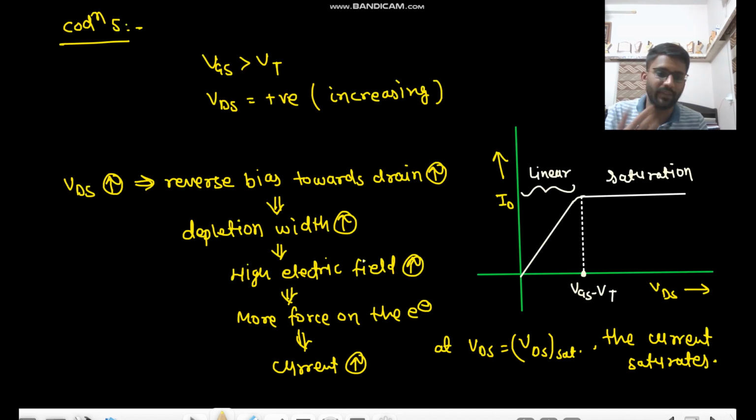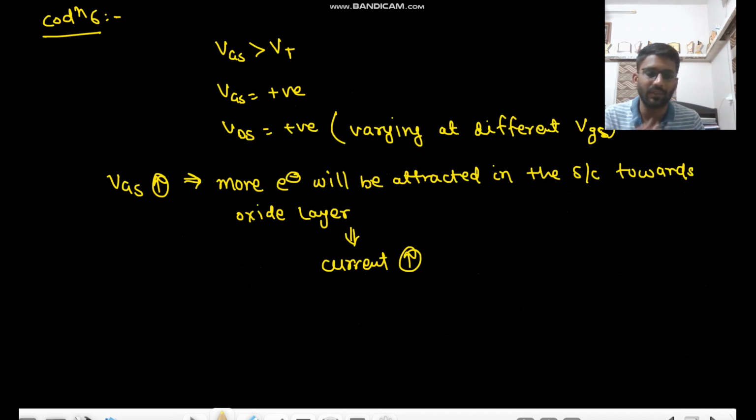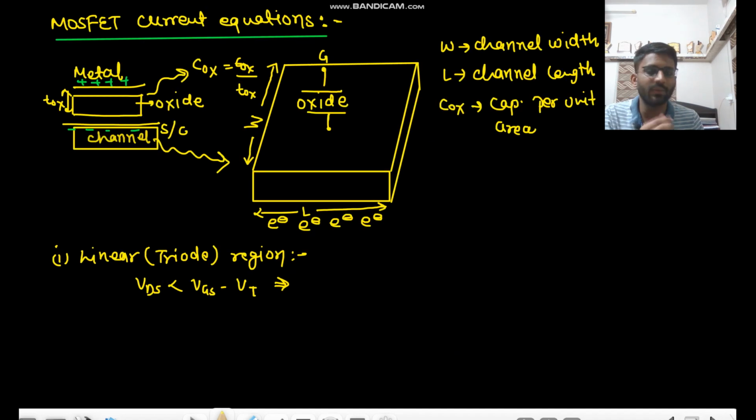Here we have seen VDS is less than VGS minus VT. So this is linear, and after VGS minus VT, this is saturation. For the current equation, there is no need to see the derivation anywhere. You can see the derivation on YouTube or any source, but the derivation will not be used. No one in any kind of analog profile interview will ask you the derivation.